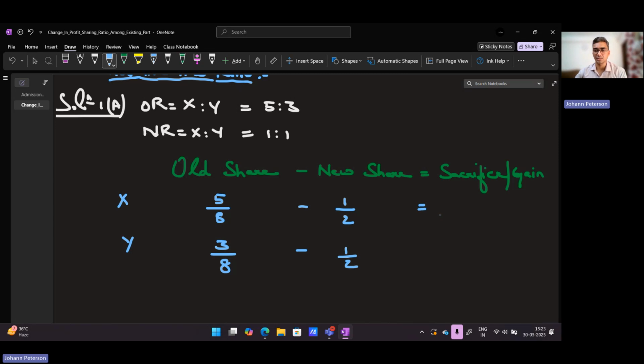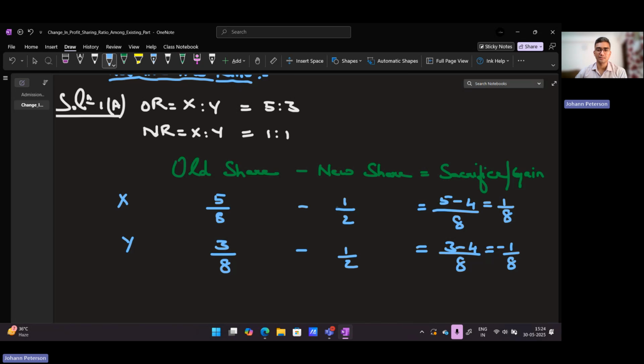So let's see what this comes out as. Here I will take 8 as the denominator. So it will be 5 minus 4, which is 1/8. In the second case, it is again 8 in the denominator. I will do 3 minus 4, which is minus 1/8. Now in this case, you can see that X's earlier portion was more.